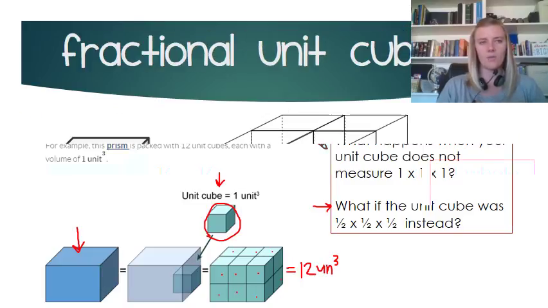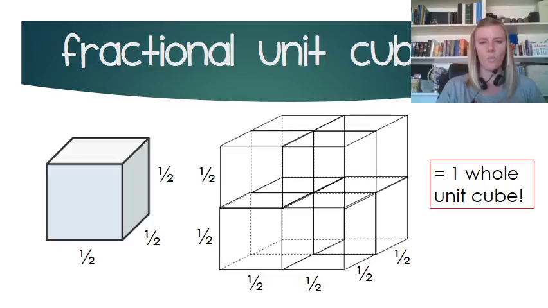Let's see how many of these 1/2 unit cubes could fit into one whole unit cube. Okay, so I've taken these 1/2 unit cubes and lined them up so they would equal 1 unit cube. So on this side, let me get a different color.